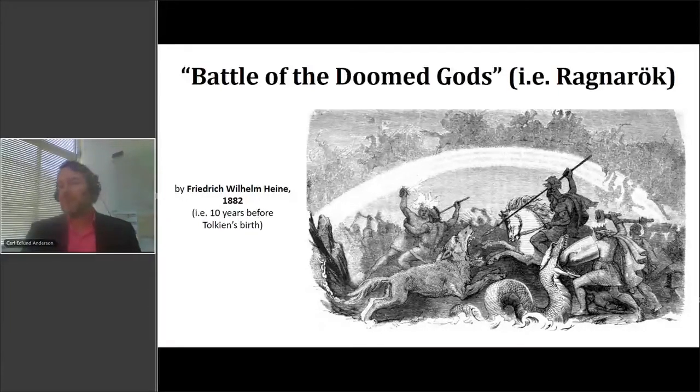The Norse poem Völuspá appears to describe a new world arising after the destruction of the old one, after the final battle of the doomed gods, Ragnarok. Tolkien, however, seems to go one better and suggests that the original world, our world perhaps, can actually be saved from destruction in the last final battle between gods and monsters.